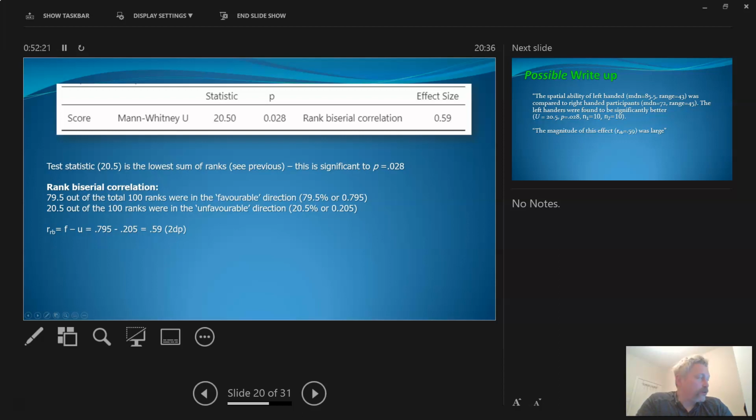You just do a subtraction between those two, and what we'll end up with is this 0.59. So this is a value between 0 and 1. Again, as a rule of thumb to interpret this, you've got the tables, I think on page 21 in your workbooks, which suggests that is a large effect size.